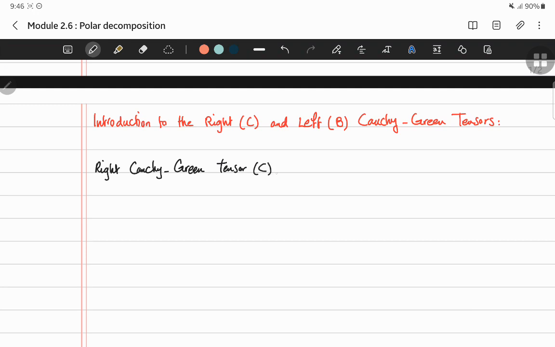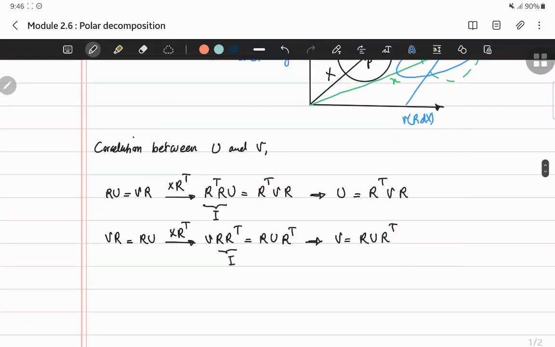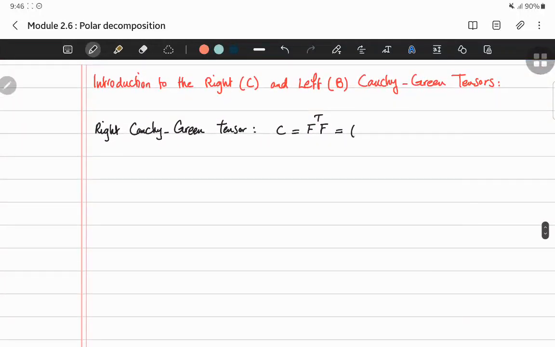It was C, if you recall, and it was equal to F transpose F. And F, if you remember here, was RU. So RU transpose RU, which is U transpose R transpose RU. This becomes I. So you have U transpose U. And you know that U is symmetric.